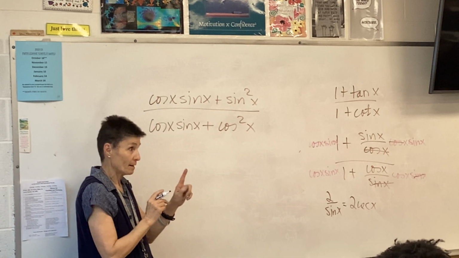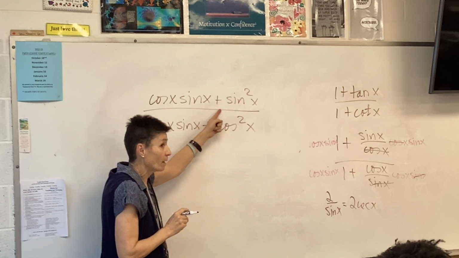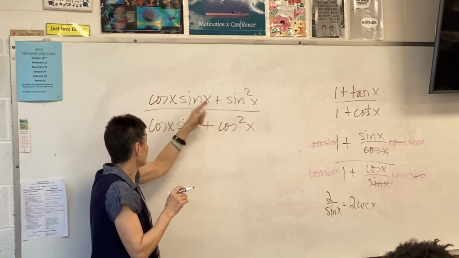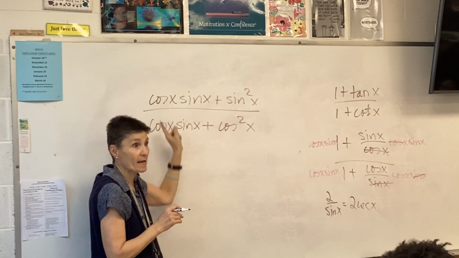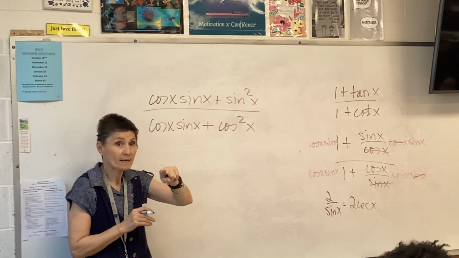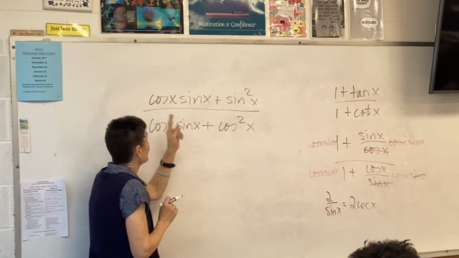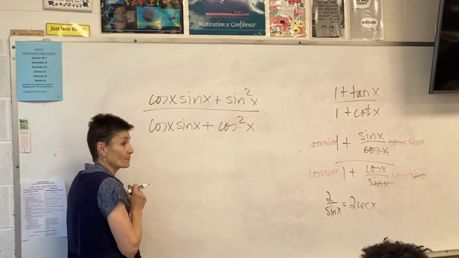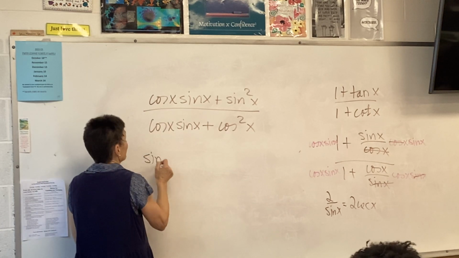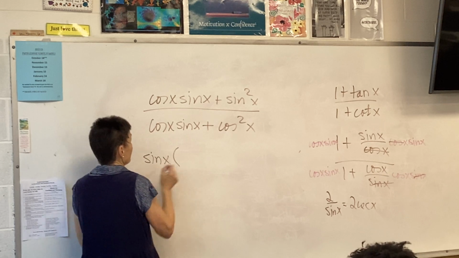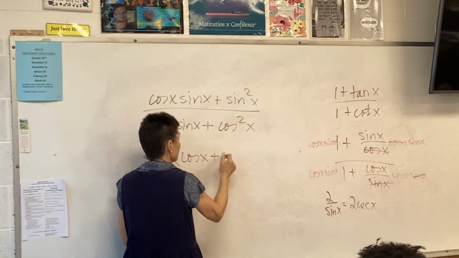Now, let's understand, because of these plus signs, don't be canceling. You can't. The only way you can cancel is if you factor first. So, does the top factor? You can take out a sine, and we're left with cosine plus sine.